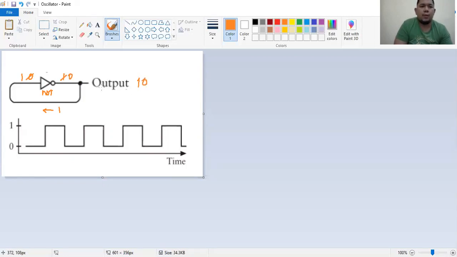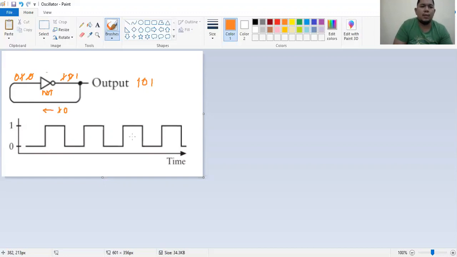Let's do another cycle where the output is returning back to the input. So it's being fed back to the input, this becomes 0, and the input returns to being 1. Since this is a NOT gate, the output becomes 1 again.